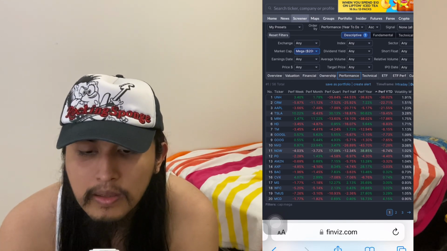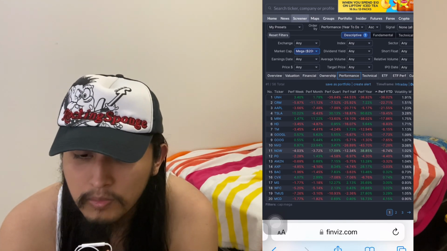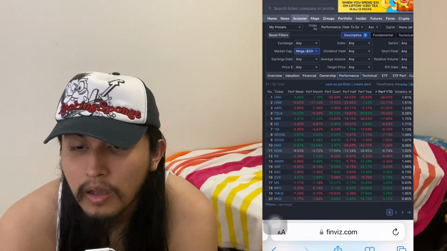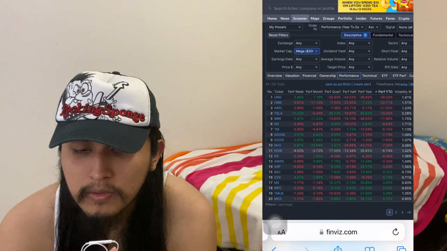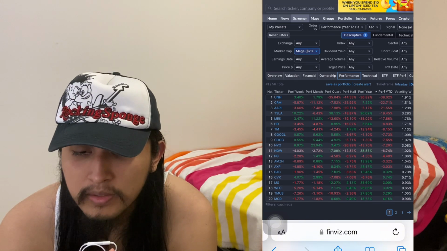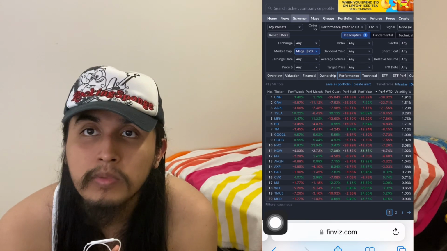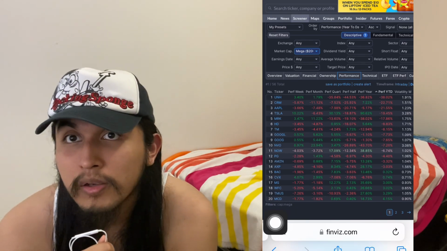Try to observe the support and resistance levels of those stocks and see if you can play calls or puts. If you're playing LEAP options, then you can decide whether to go long on calls or go long on puts.